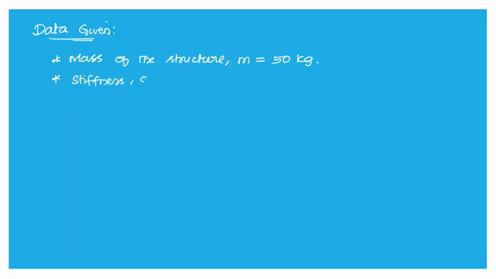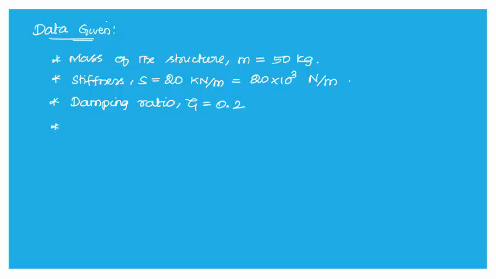So stiffness is 20 kilonewton per meter, that is 20 into 10 power 3 newton per meter. The third data is damping ratio, zeta is equal to 0.2.